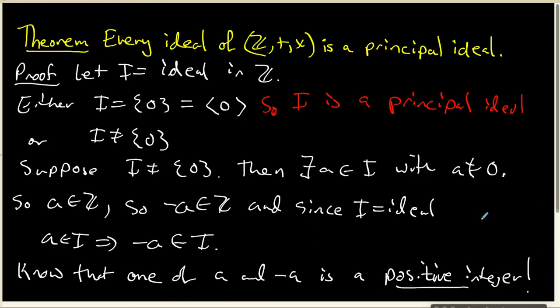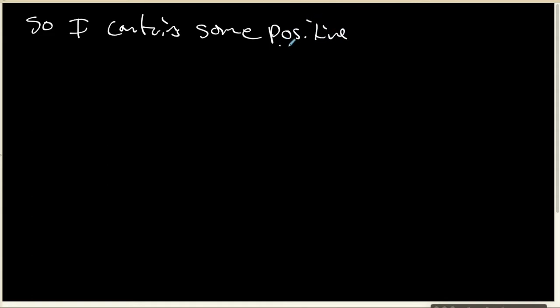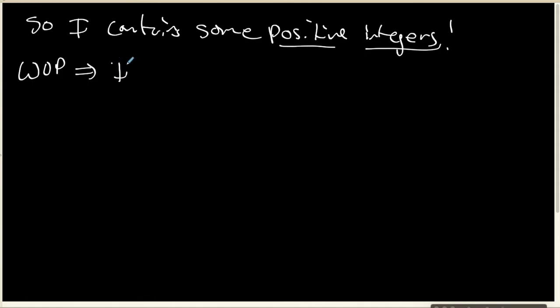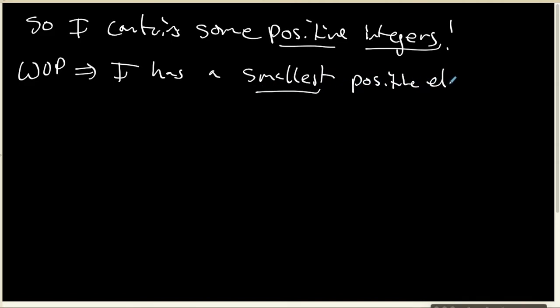And that tells me that I contains some positive integers. And the well-ordering principle now kicks in and says that I has a smallest positive element.